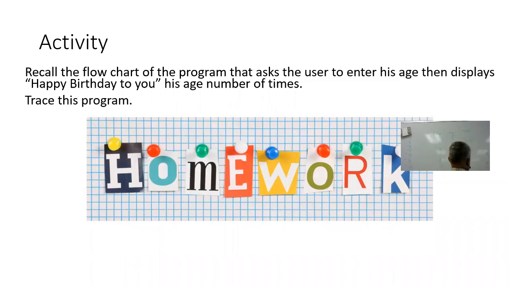And the age is still 3. At line 4, this becomes 3. So then we go to line 5. This time it's going to check, is the count less than the age? No, it's not. So then we have to end.